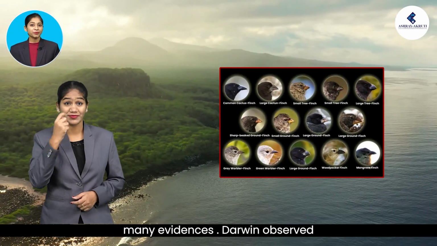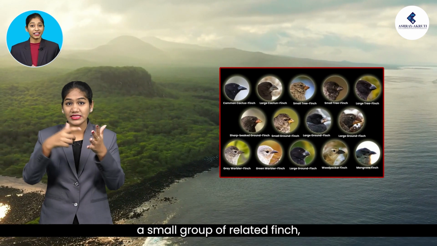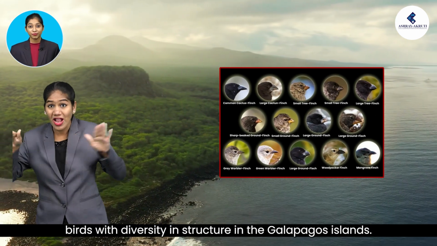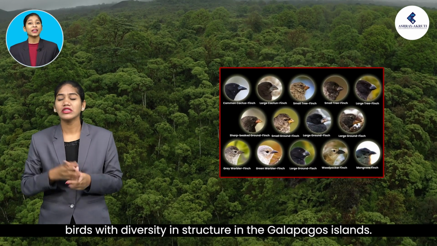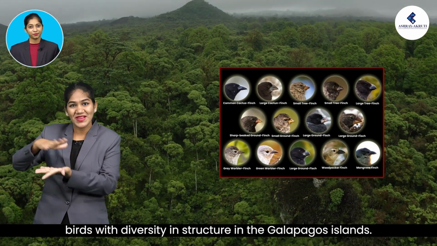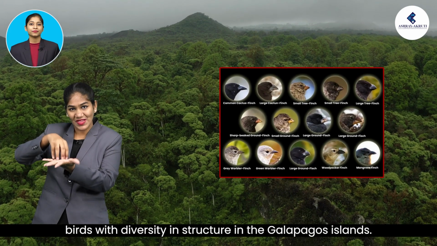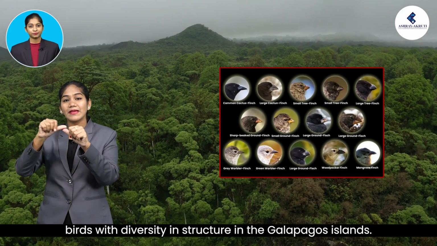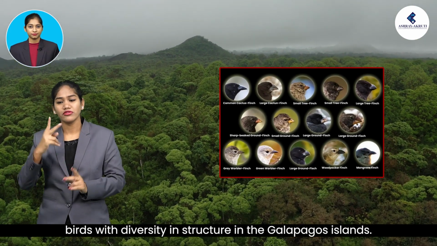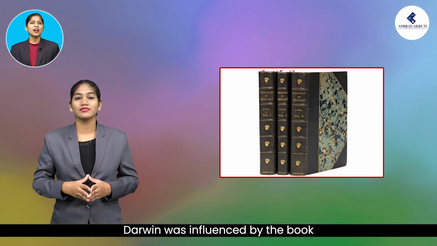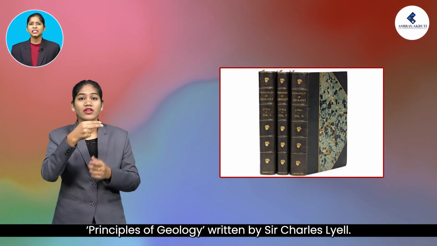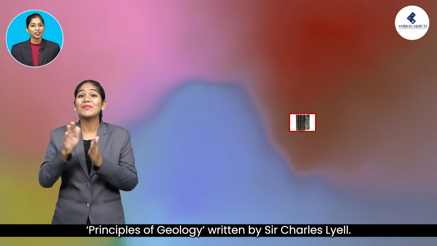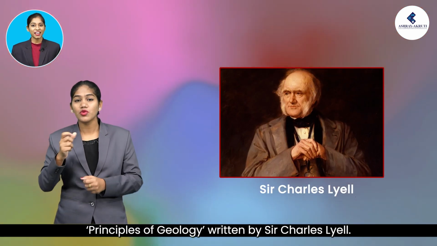Darwin observed a small group of related finch birds with diversity in structure in the Galapagos Islands. Darwin was influenced by the book Principles of Geology, written by Sir Charles Lyell.